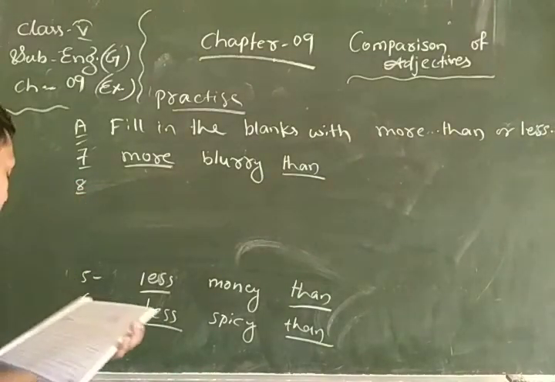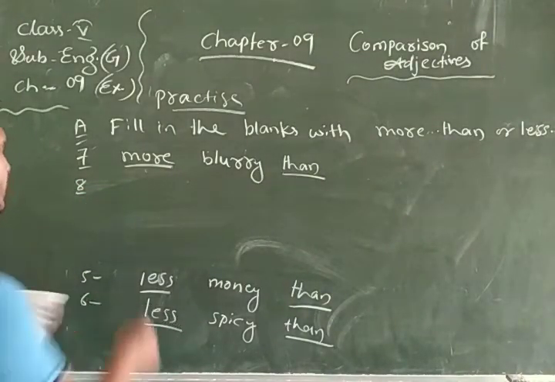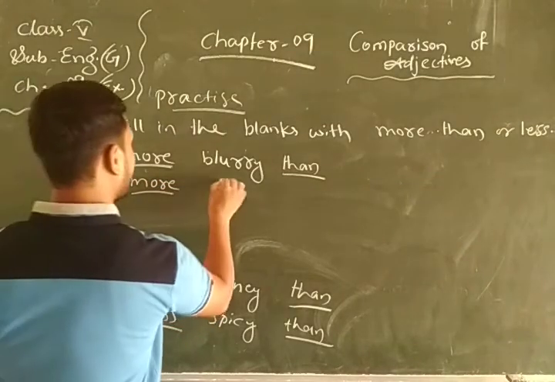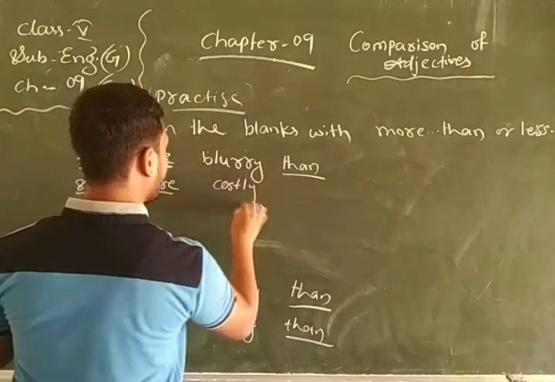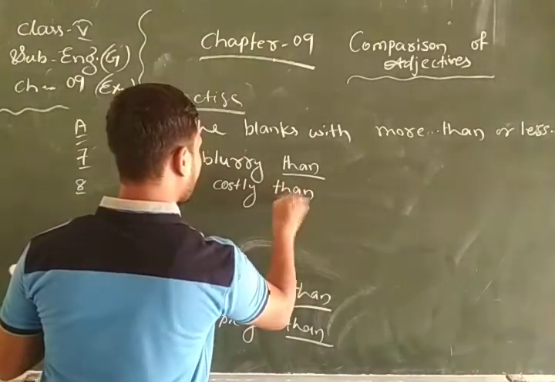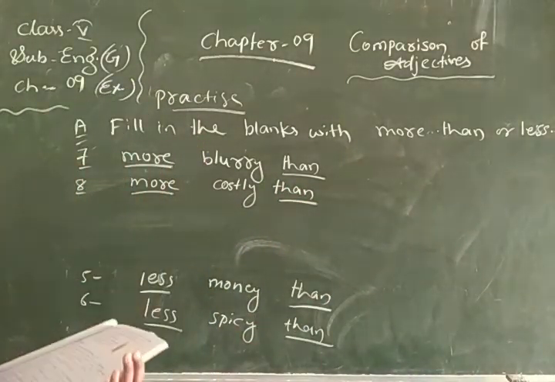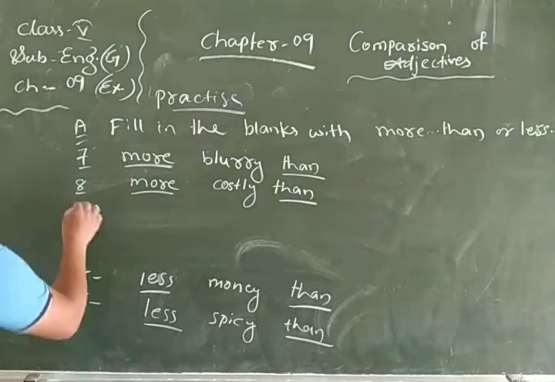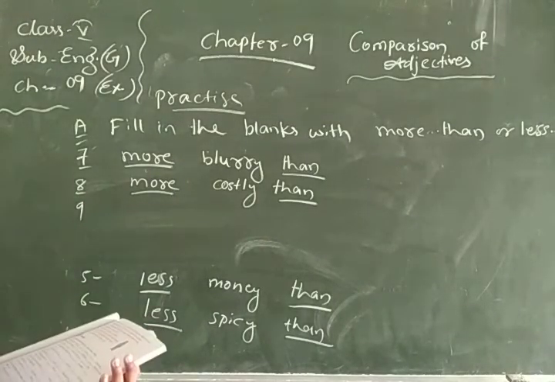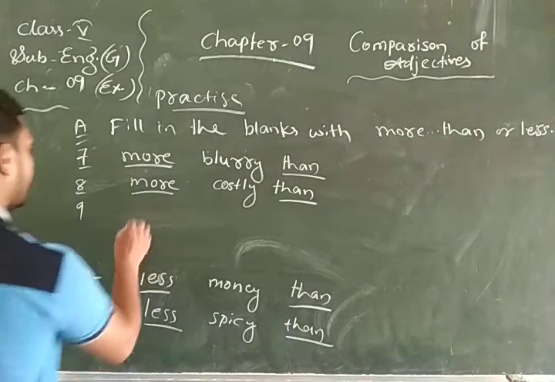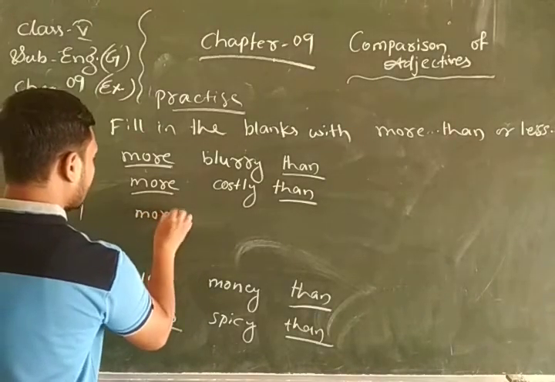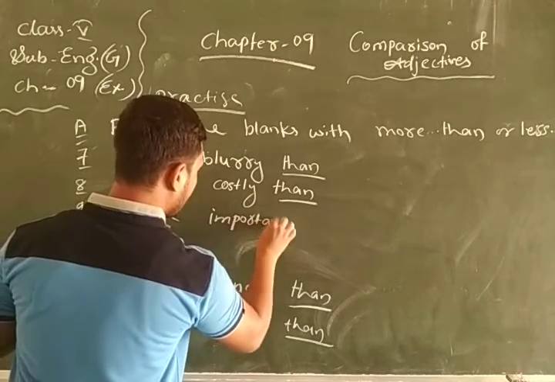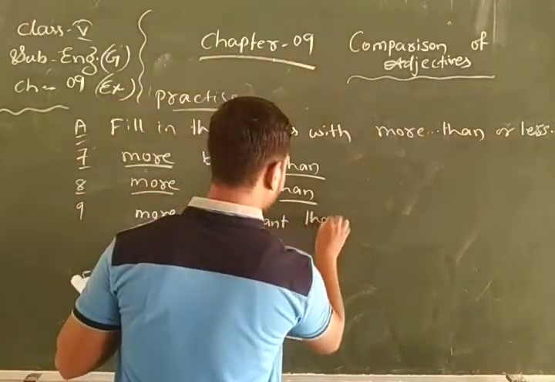Number 8, the lamp in the bedroom is more costly than the one in the dining room. Number 9, health is more important than wealth. Health is more important than wealth.